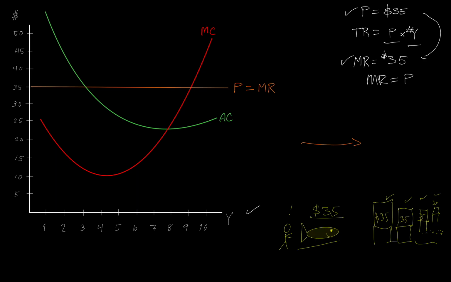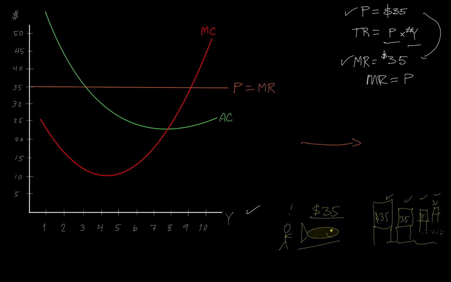Now that is where buyers and sellers reach equilibrium. That's where buyers and sellers agree that these consumers are saying, yeah, $35, that's a good deal, and that's what we're going to pay. But since this market is flooded with fishermen, flooded with sellers, they're all going to just charge the same price. They are price takers.